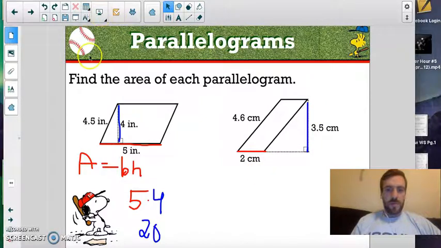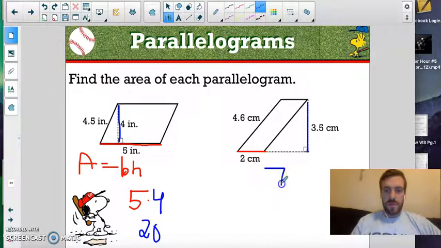So 2 times 3.5, very simple, is going to give me 7 centimeters squared. Again, how I did that, I just did 2 times 3.5, which is 7 centimeters squared. Didn't label this. This is going to be inches squared.